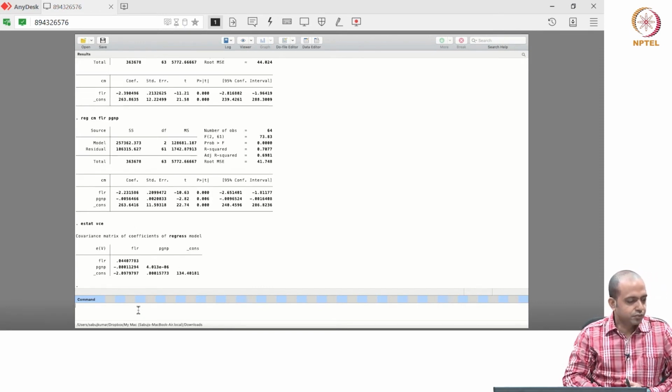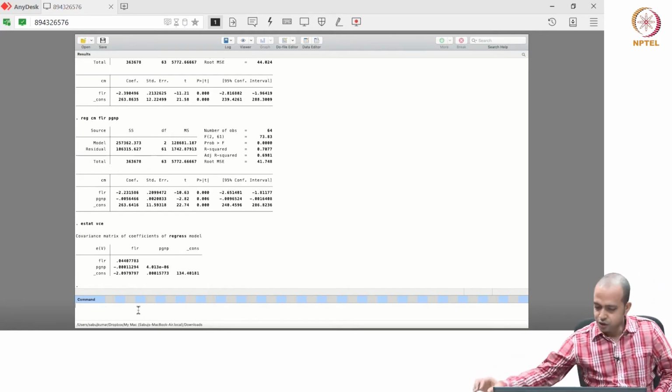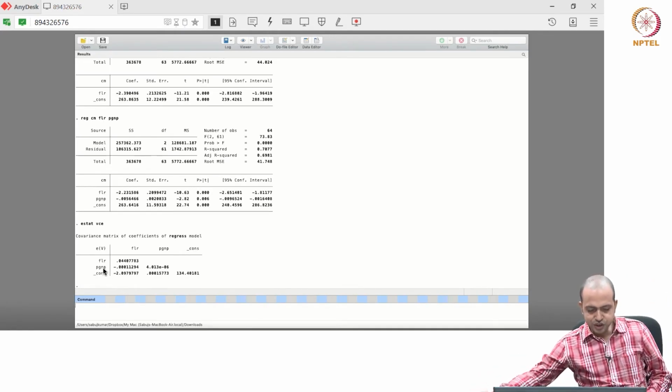Look at this. This is called the variance covariance matrix, and from here you have to look at PGNP and FLR. This is the covariance, minus 0.000001, basically the covariance of FLR and PGNP.